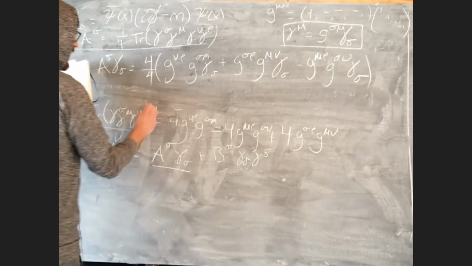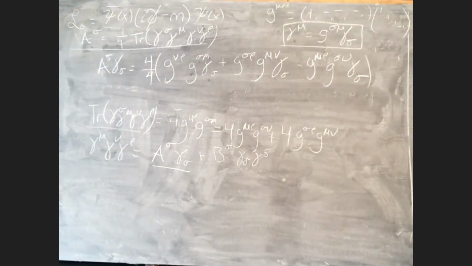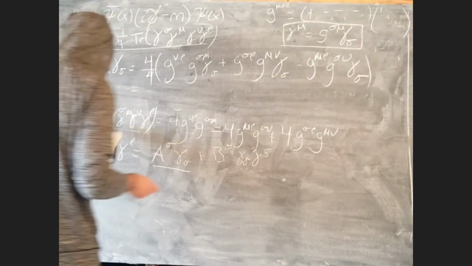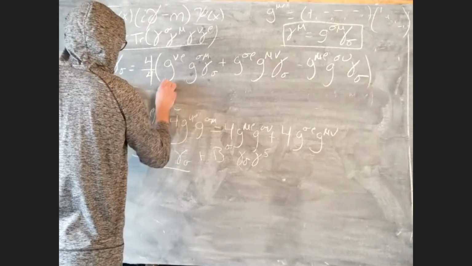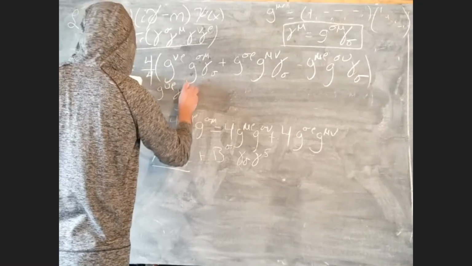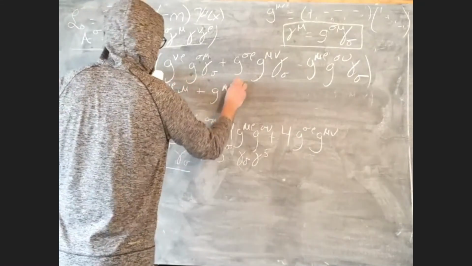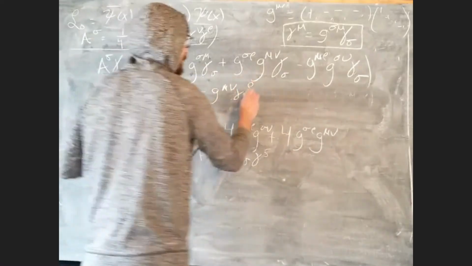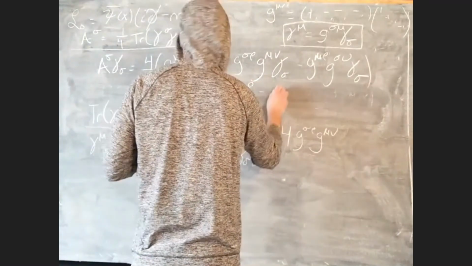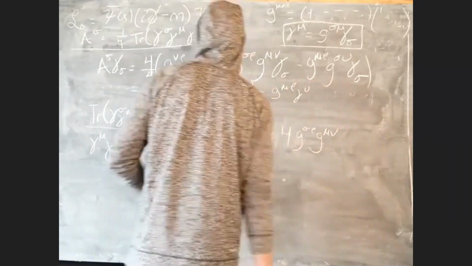We get this nice term of, and here we go, G nu rho gamma mu plus G mu nu gamma rho minus G mu rho gamma nu.